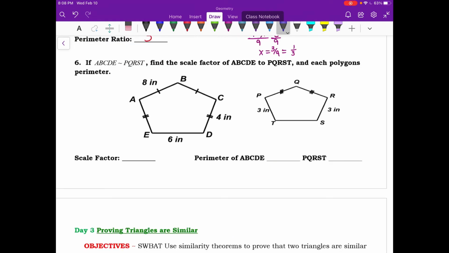Okay, last one, number 6. We're told that these shapes are similar. Find the scale factor of ABCDE to PQRST and each polygon's perimeter. So the scale factor, I'm going to find by comparing two sides. I'm going to compare this side, CD, to RS, because they are corresponding to each other.